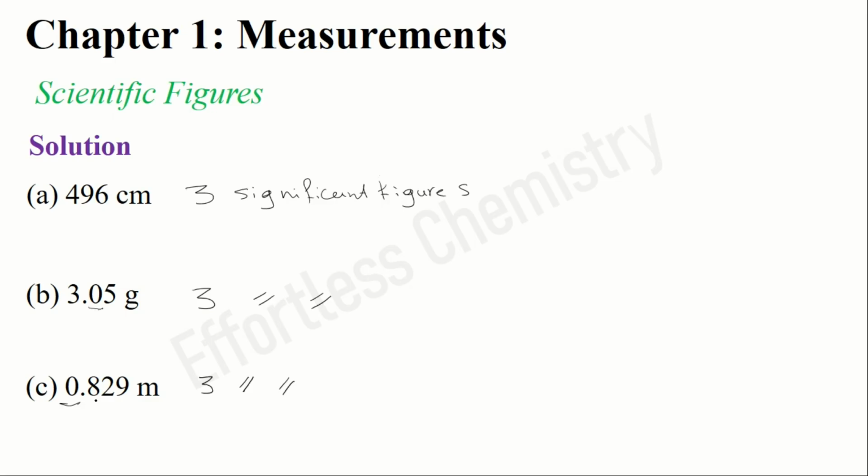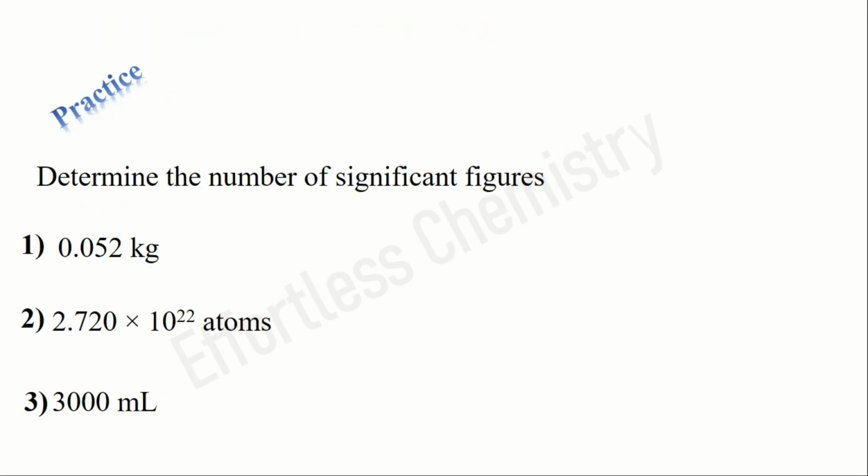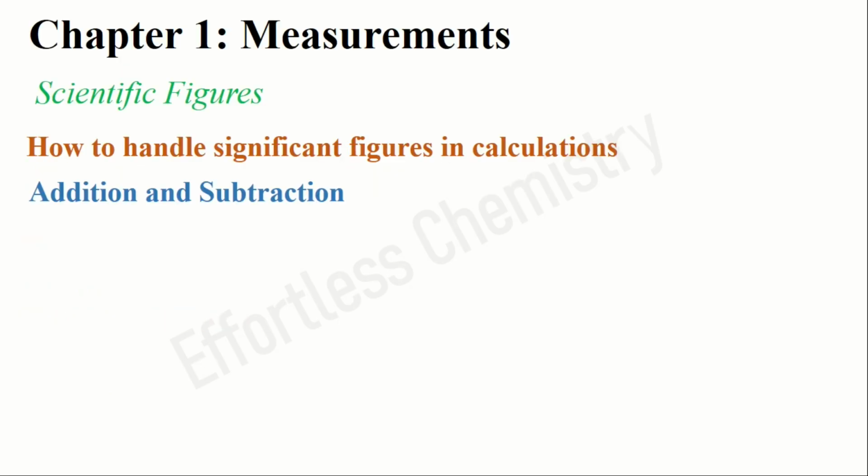So for counting the significant figures, we only start from 8: 8, 2, and 9. We have 3 significant figures. Here is a practice that I'm asking you to solve for the next session, and I will tell you the correct answer.